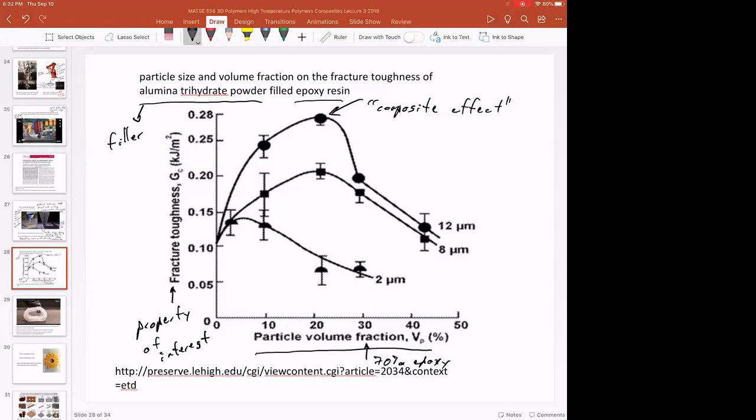But this composite effect means that you get better properties by mixing the two materials than you can get from either material. So epoxies have a certain fracture toughness, so this is pure epoxy. Epoxy is just a thermosetting polymer. And of course, the fracture toughness of this inorganic is going to be very low.